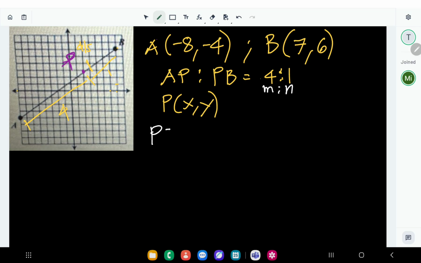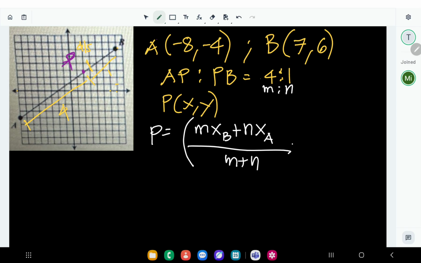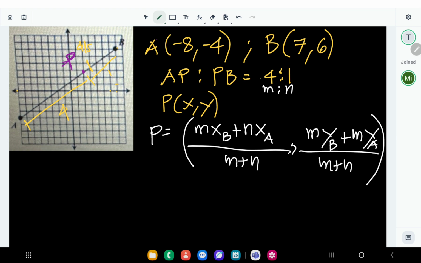Then for point P, we use the section formula: M times the x coordinate of B, plus N times the x coordinate of A, over M plus N. Then for the y coordinate, M times the y coordinate of B plus N times the y coordinate of A, over M plus N.